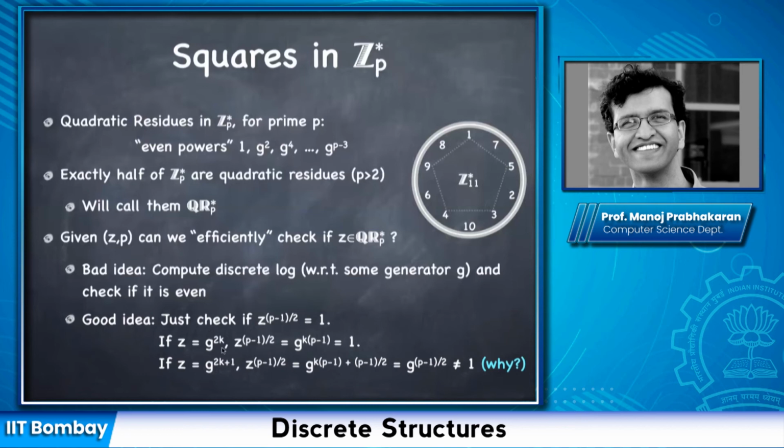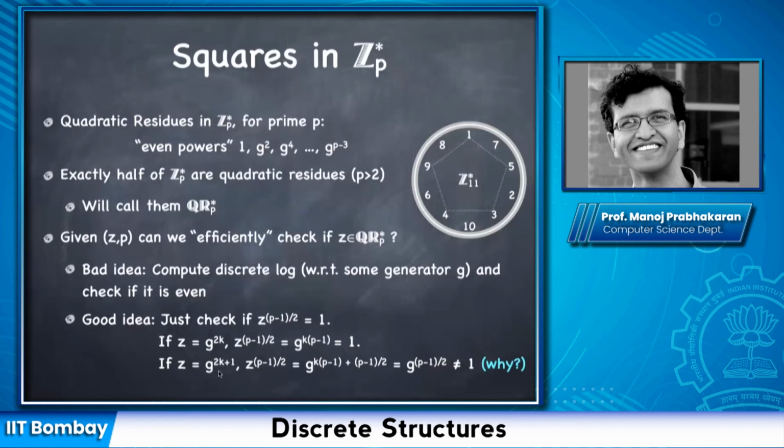Conversely, if z is not a quadratic residue, namely it is an odd power of some generator, and I told you should check that if it's an odd power of some generator, it's not a quadratic residue.